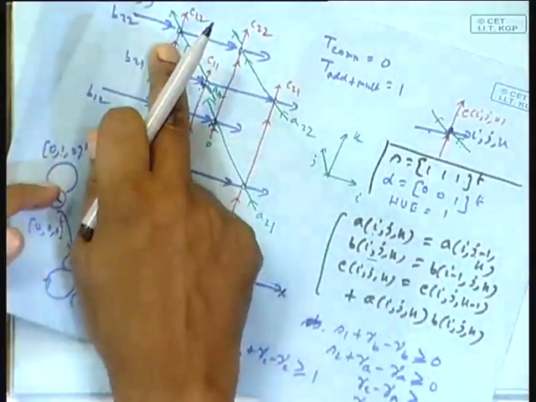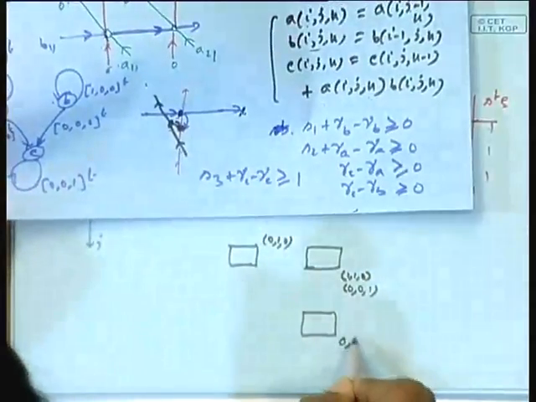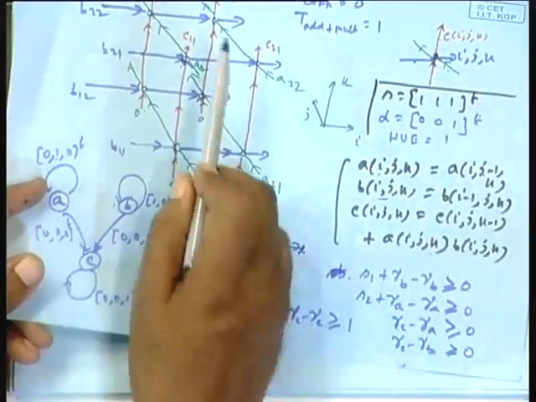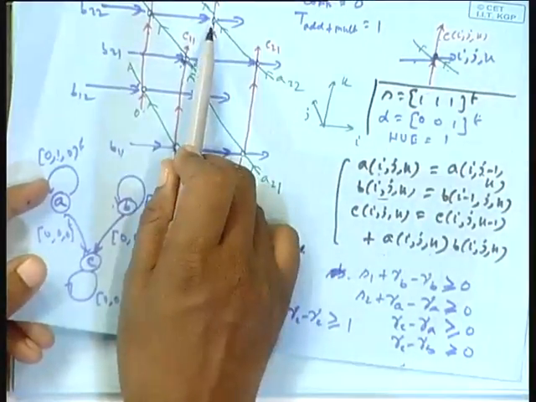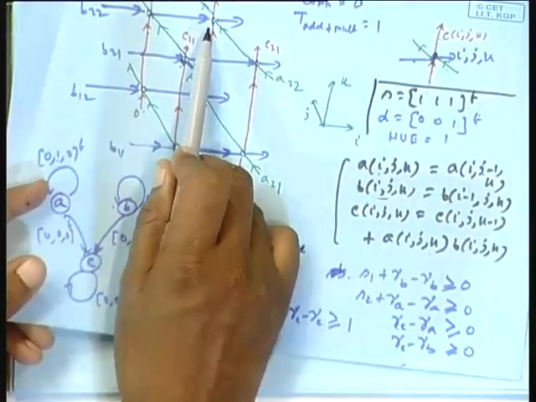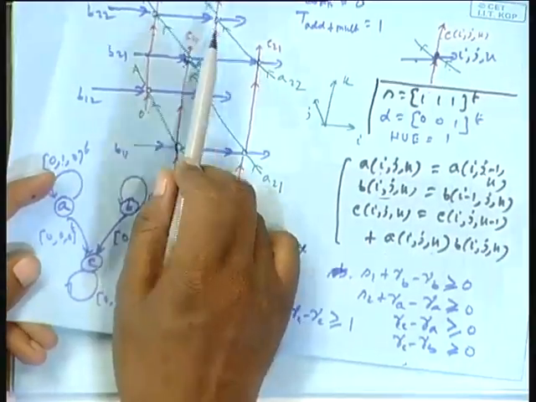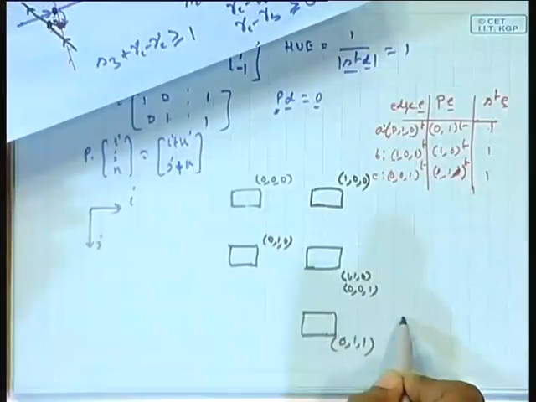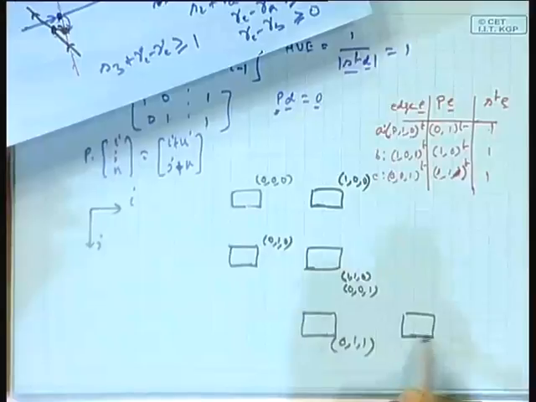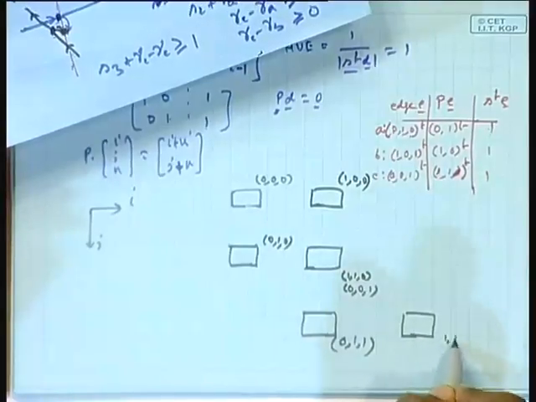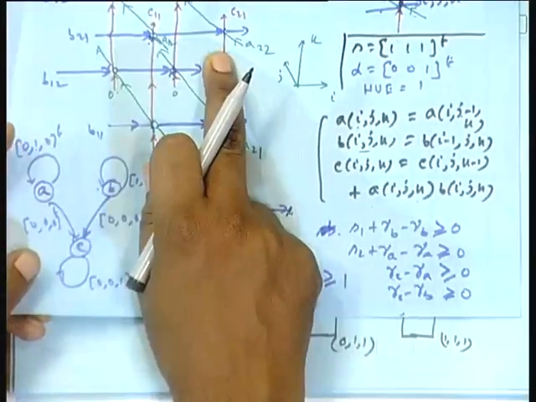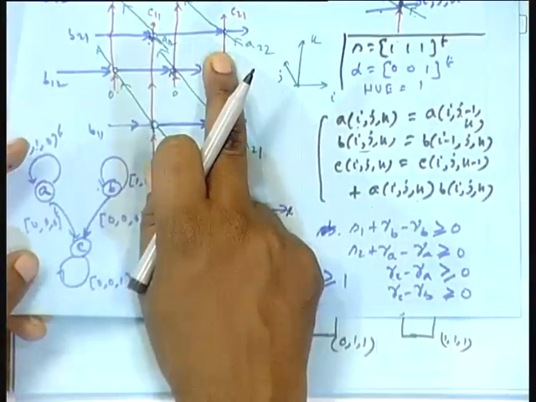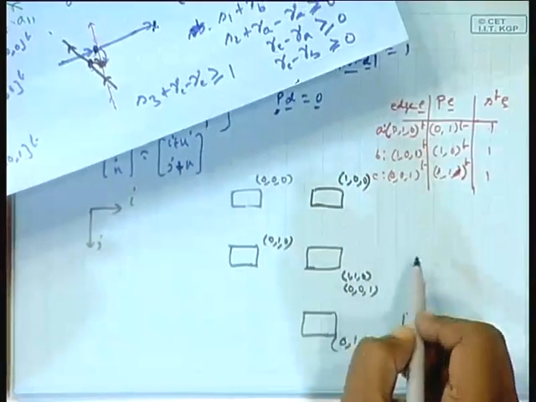This fellow. 0, 1, 1. Okay, still this fellow, this fellow. This is 1, 1, 1. 1, 1, 1 means 2, 2. And this fellow 1, 0, 1. 2, 1.